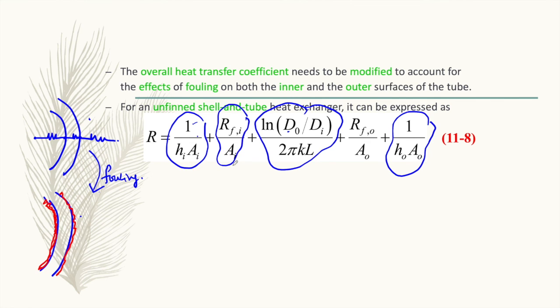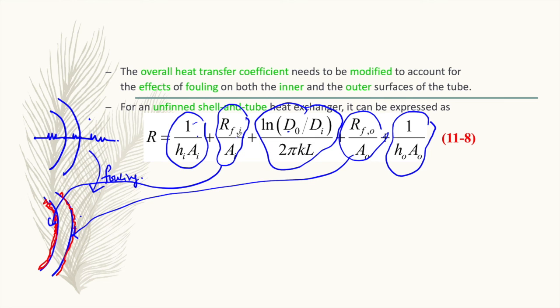This is the inside fouling and this is the outside fouling. So you have to add another two terms, fouling inside and fouling outside, and your R total will become like this. RFI and RFO are the fouling factors at those surfaces. So that is all about the overall heat transfer coefficient and fouling factors.